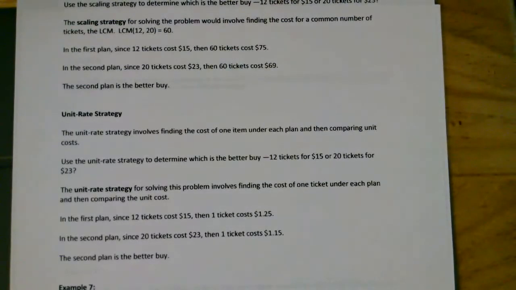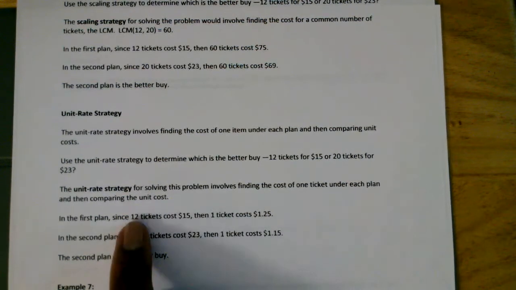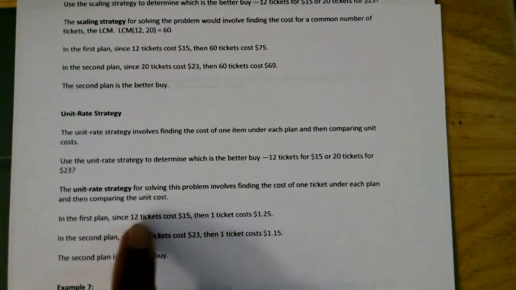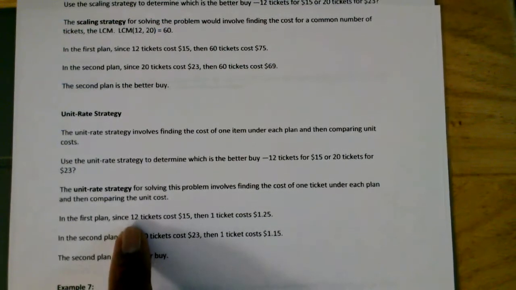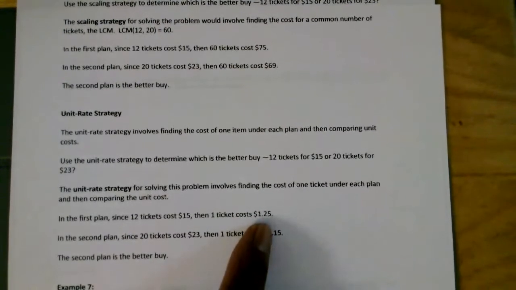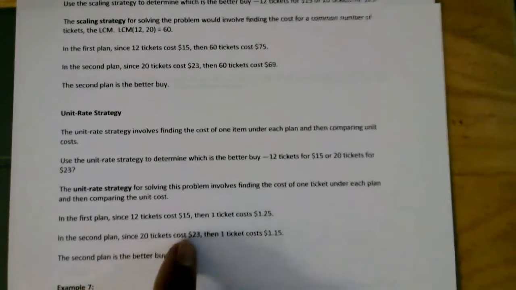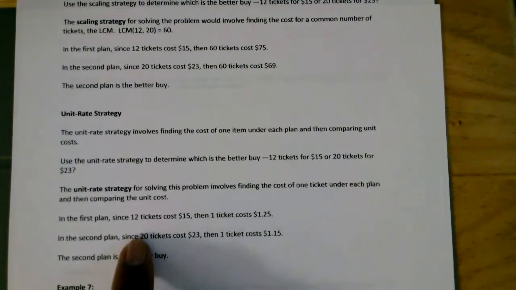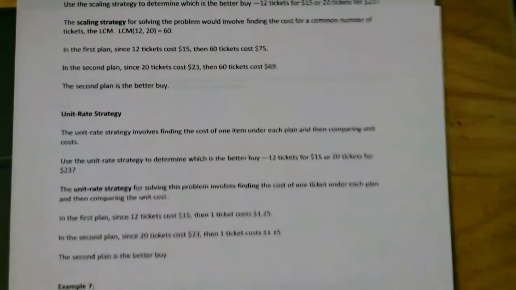We want to find out which one is going to be the better buy using the unit rate strategy. So in this case here, 12 tickets cost $15. So if I take that $15, divide that by 12, that will tell me how much one ticket costs. And that's $1.25. And then in the second plan, 20 tickets for $23, take $23, divide that by 20, you'll get $1.15.